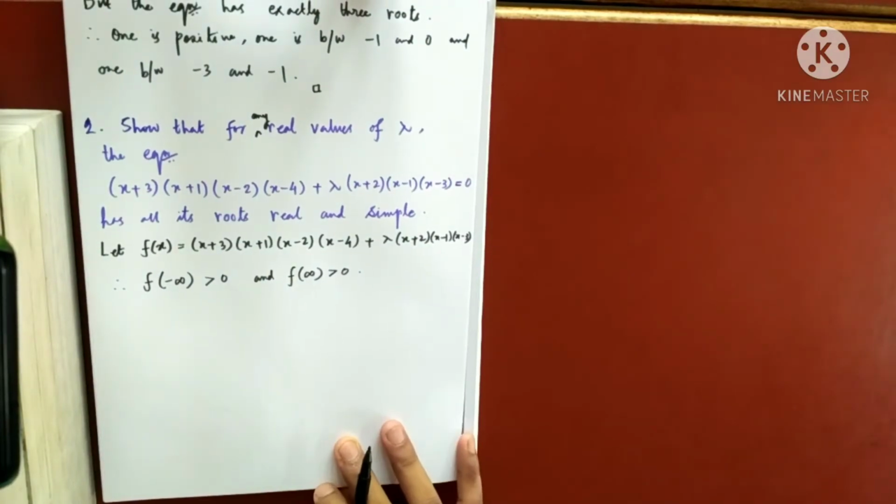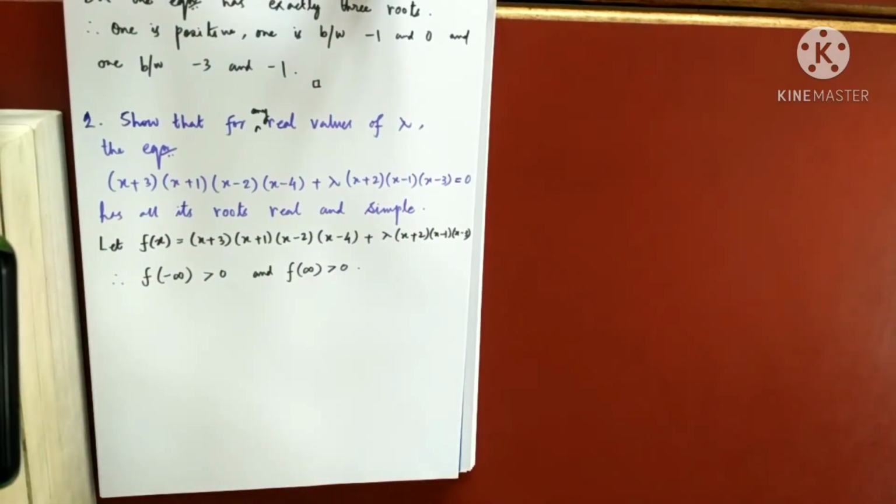Why? As already said, the sign of f of infinity and f of minus infinity will depend upon the coefficient of the highest power of x. So the highest power of x is x to the power 4, which is a positive quantity. And if I put a very big positive number, that power 4 will be positive.